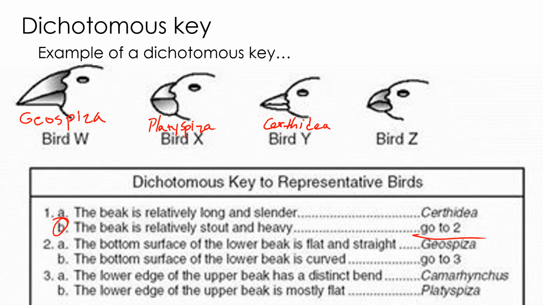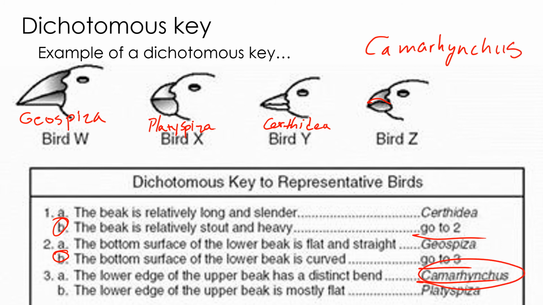It is curved. So we're going to go to 3. The lower edge of the upper beak has a distinct bend, or is it mostly flat? Well, that has a very distinct bend, and so that is whatever that is, and I do not know how to pronounce that, but it's right there.